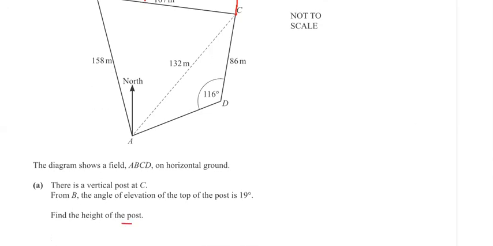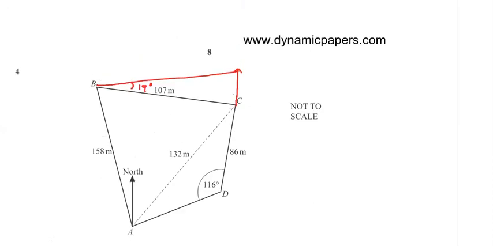Find the height of the post. We need to find the height of, as it is vertically above, so this one is 90 degrees. Okay, let's say this point is P. To find this one, if I consider this triangle BCP, so take this triangle ABC.